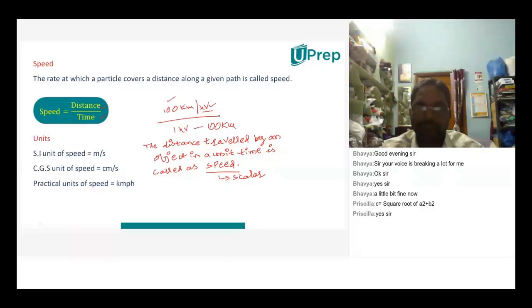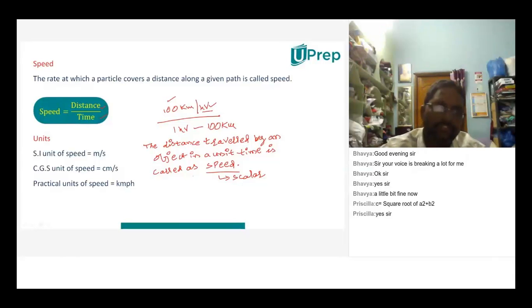Because it shows only magnitude and not direction. Right. Speed is related with distance. Distance is a scalar, so definitely speed is a scalar. When distance does not have direction, speed also will not have a direction. So speed is equal to distance by time, and it is a scalar.